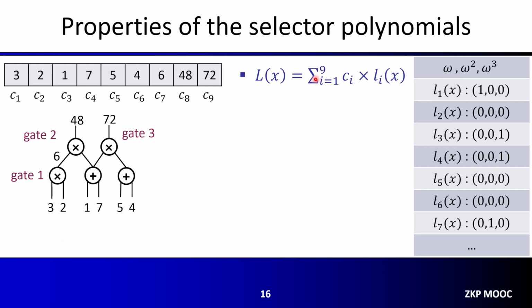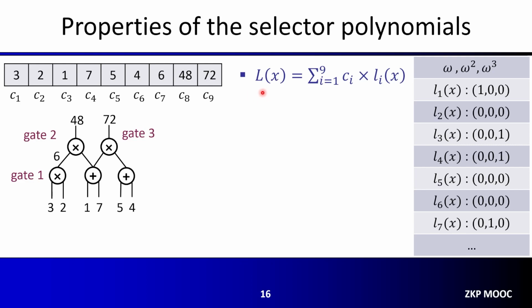Then you may wonder, what are the properties of these polynomials? Why are they called selector polynomials? Here's the reason. Again, I'm listing this table with the evaluations and the vector, and I'm going to define a capital Lx polynomial as the summation of Ci times Lix for every i, multiplying each value in this trace, the vector, with the corresponding Lix and summing them up.